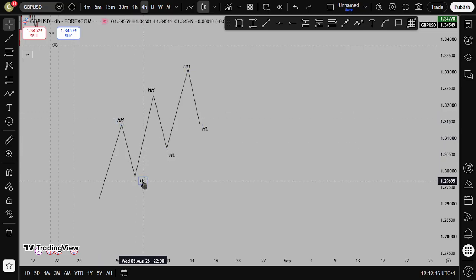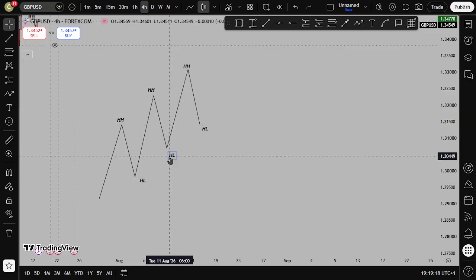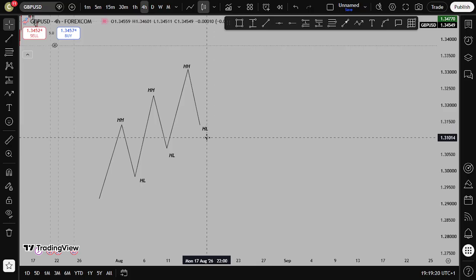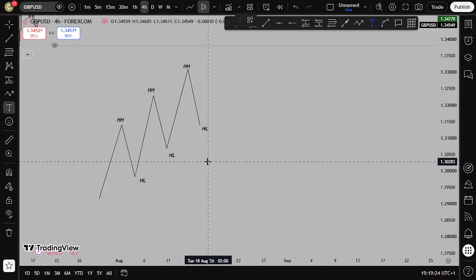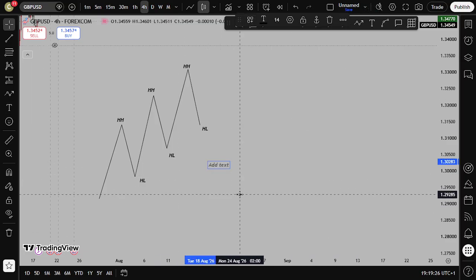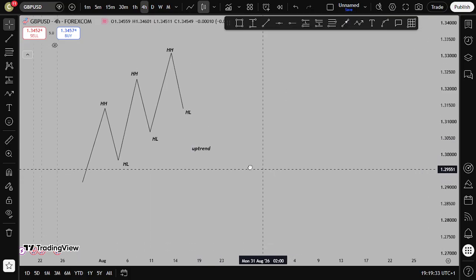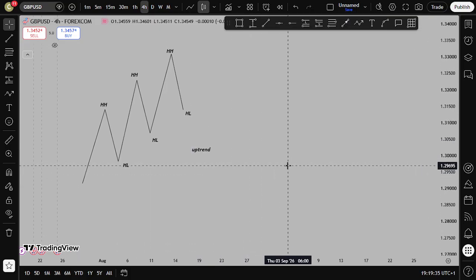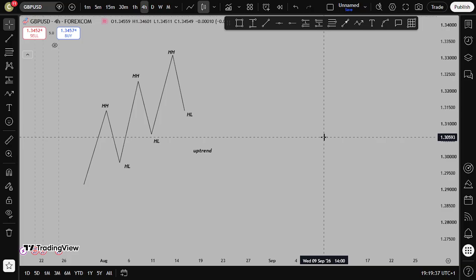Higher high, higher low, higher high, higher low. What do we call this? Uptrend.